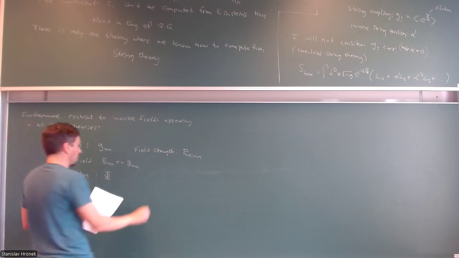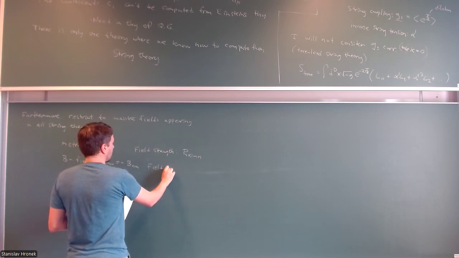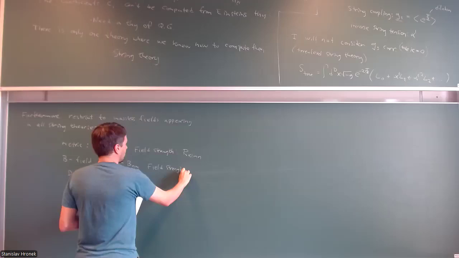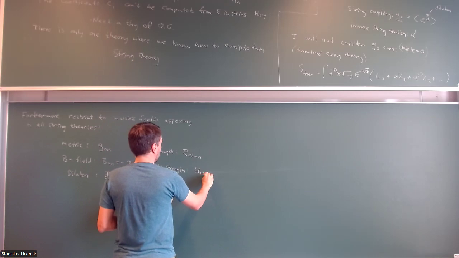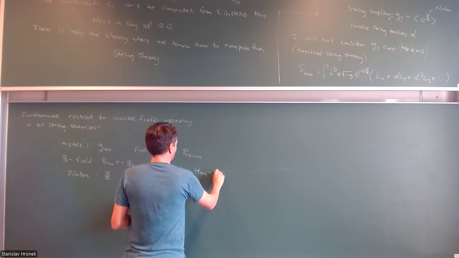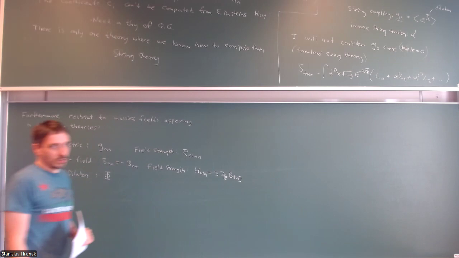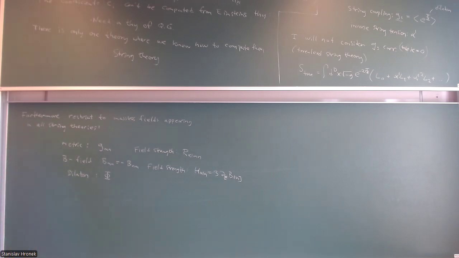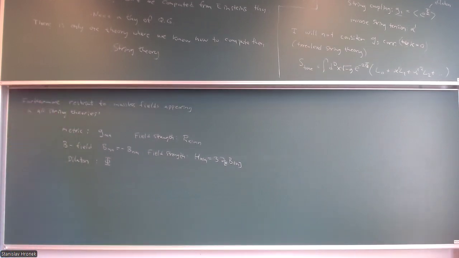And in the case of the B field, it's the field strength of B, which is usually called H, and we'll antisymmetrize here. It's like the field strength in electromagnetism, with one extra index.